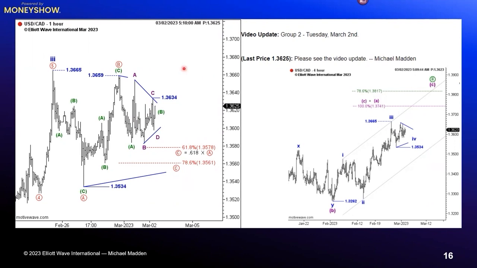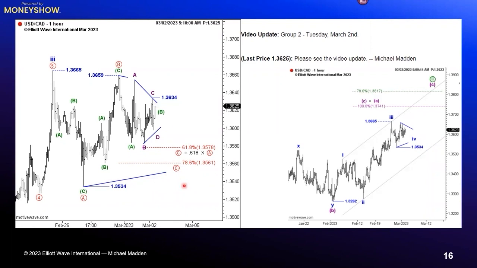But we can see from this example, if wave C, this purple wave C at 135.34, if this has ended, the remainder of the pattern must unfold below this key level, and wave C could push down here. We have targets for the 78.6% retracement of this red wave B, but ultimately, if this is wave C, it must end below 135.34.